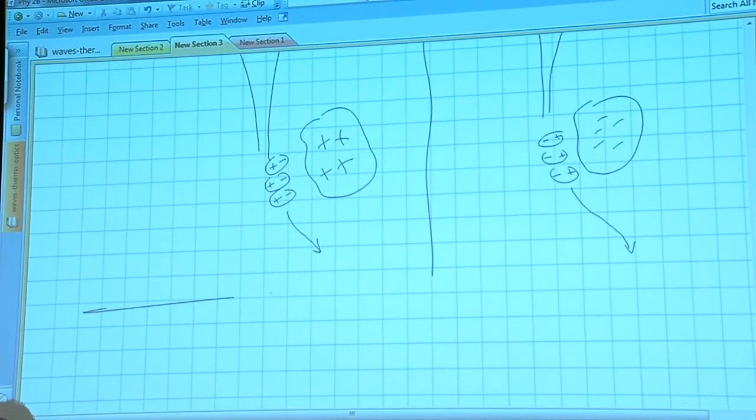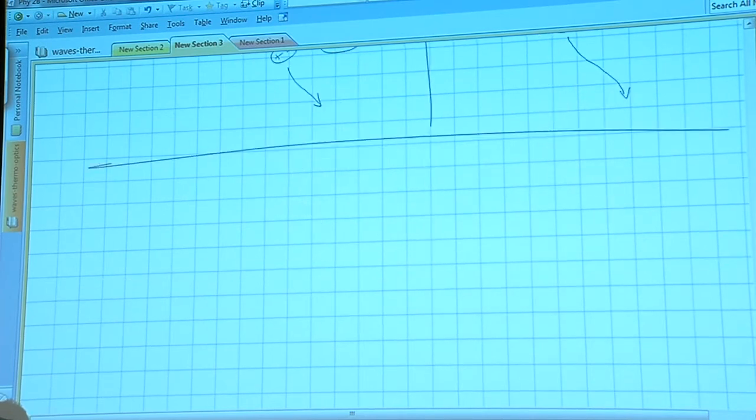Okay, so we want to be able to quantify this force, right? And we use Coulomb's law. The force between two charged objects, what might it depend on? A charge on one of the objects, right?